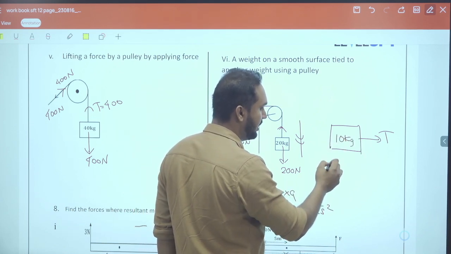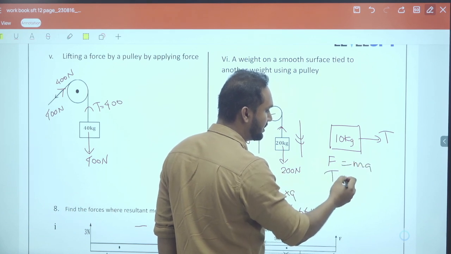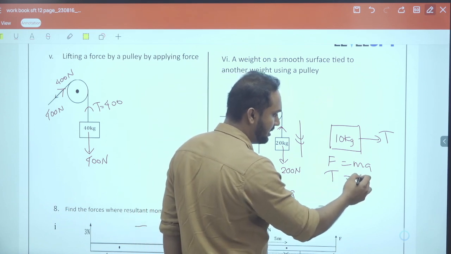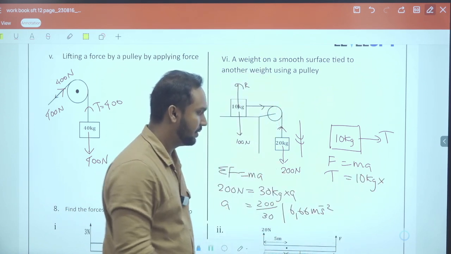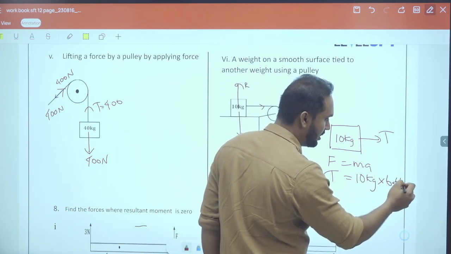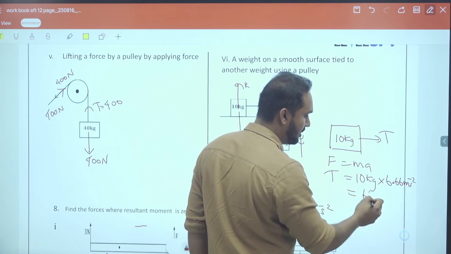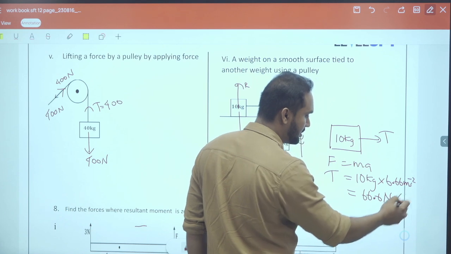If I put F equals ma, the F is now T, because the tension is the driving force, and the mass is 10 kilograms. Acceleration is 6.66 m/s². How much do you get? 66.6 newtons.